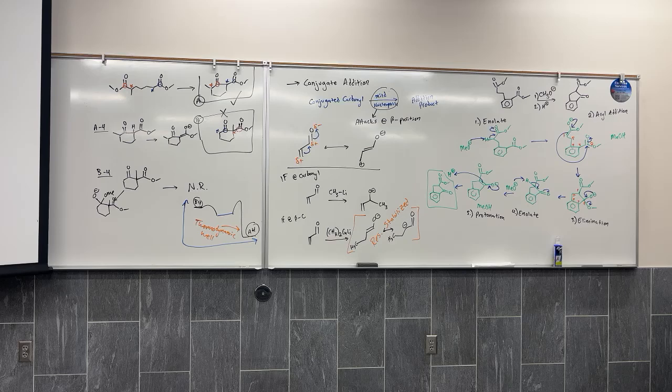The nucleophile has to be strong enough to open the carbonyl and not be stabilized by resonance. But the bottom position, you attack at the beta carbon, you form an enolate, and so you get this resonance stabilization. It's easier to do.